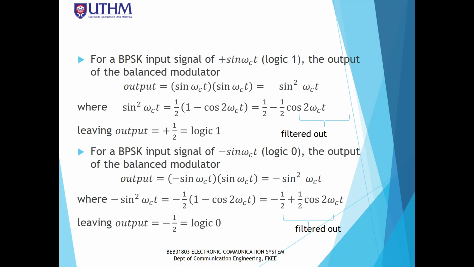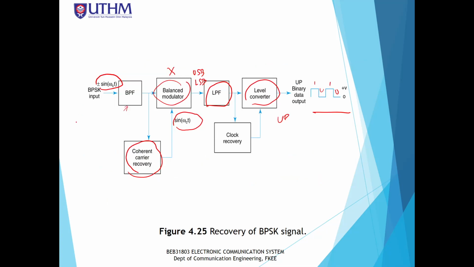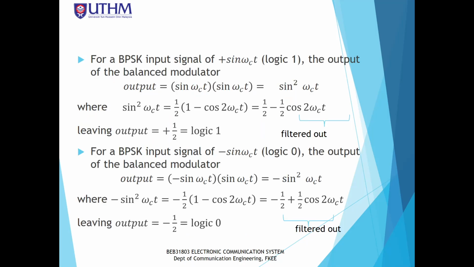Remember, here we receive input of either a positive sine or a negative sine. Then it is put inside the balance modulator where we multiply with the sine wave. From these equations you see the input here.